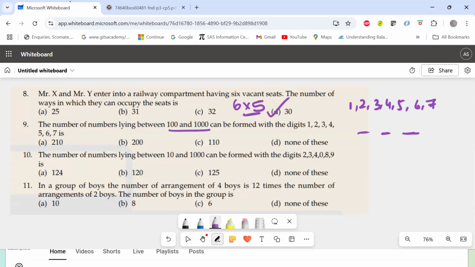You have 7 digits with no restriction. You have to choose any 3 digits and arrange them in 3 factorial ways. 9C3 into 3 factorial, it would be 9P3, 9 into 8 into 7, 72 into 7 is 504.